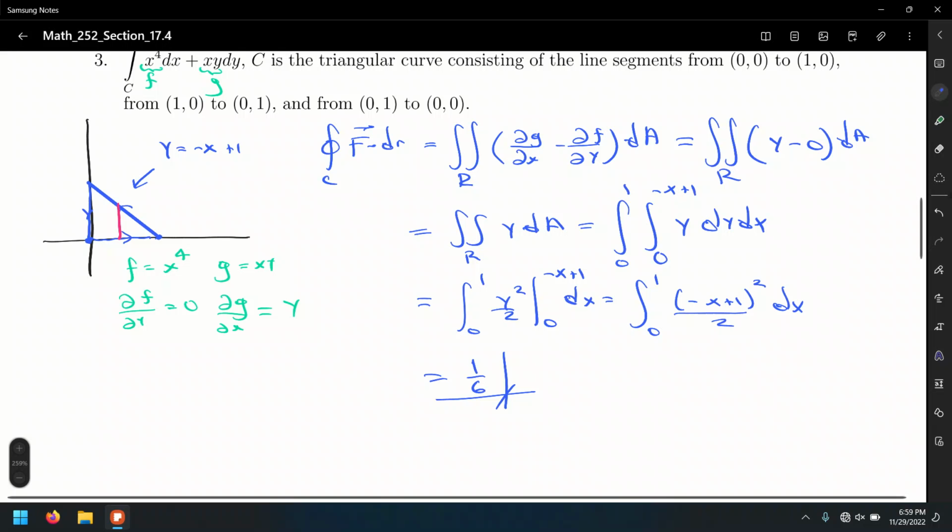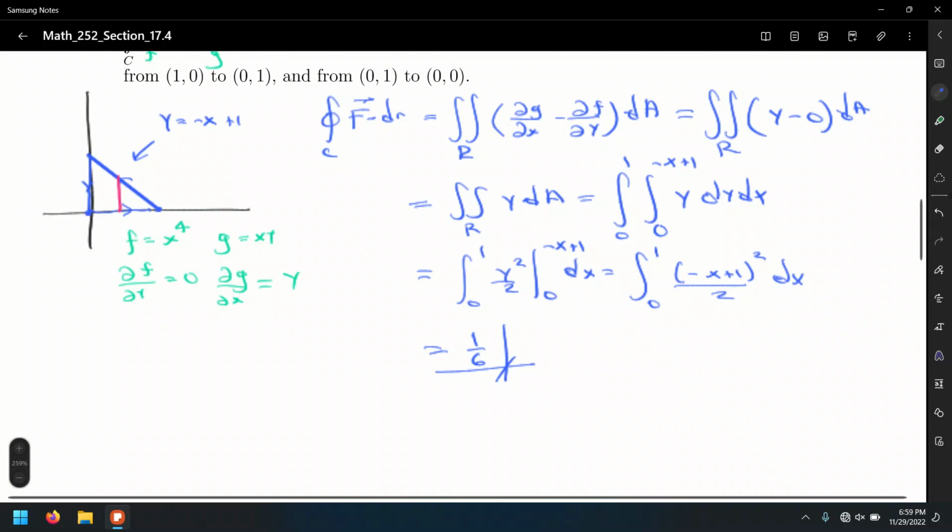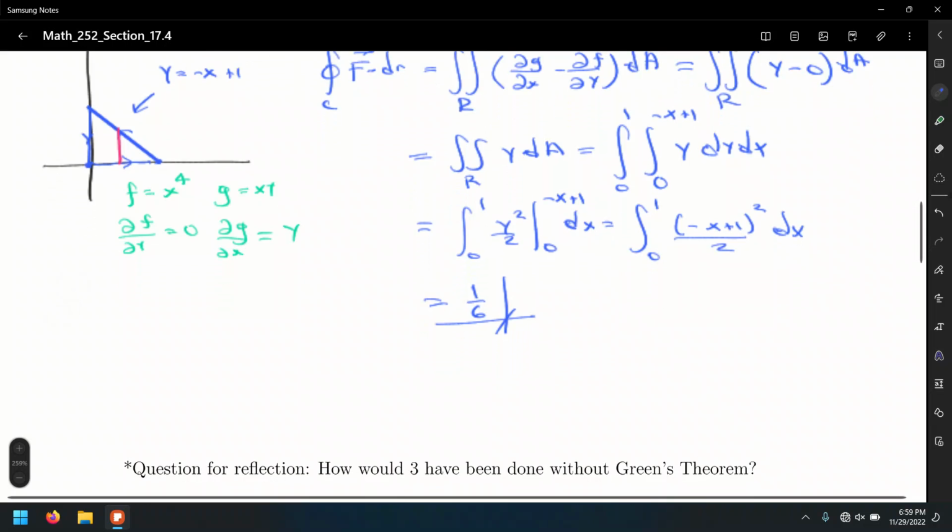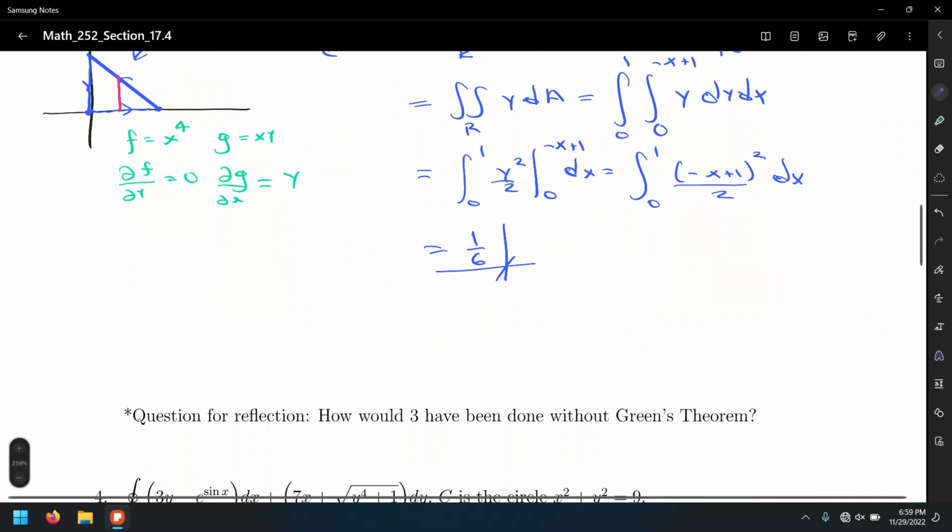You might remember from the previous section where we covered the fundamental theorem. Before Green's theorem, how would we evaluate this integral? Well, by parameterizing three curves and then evaluating three line integrals.